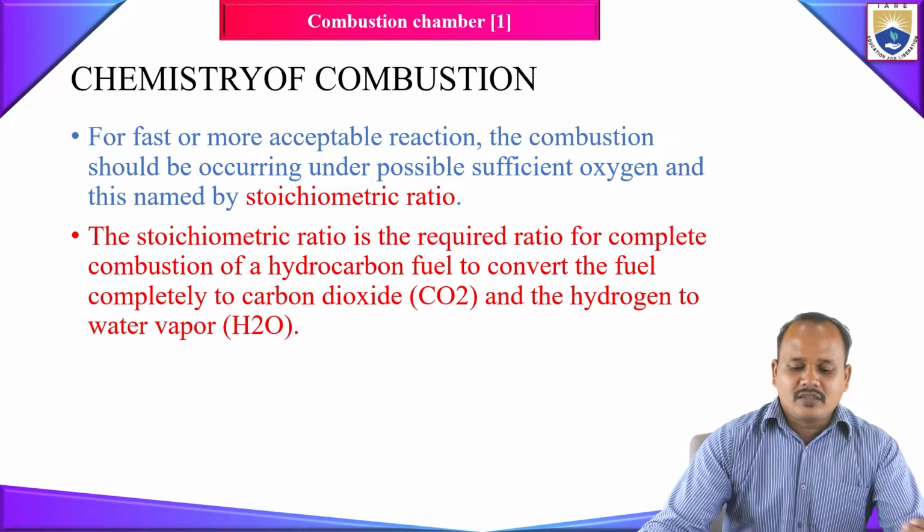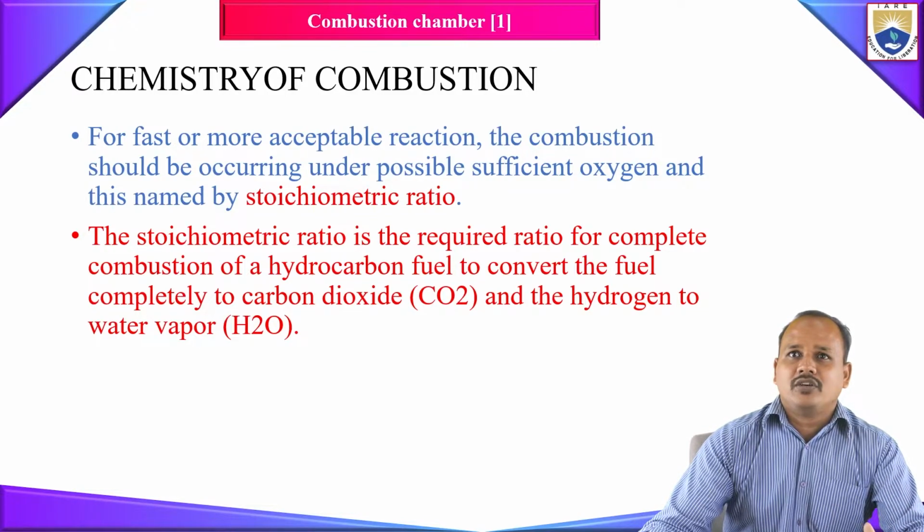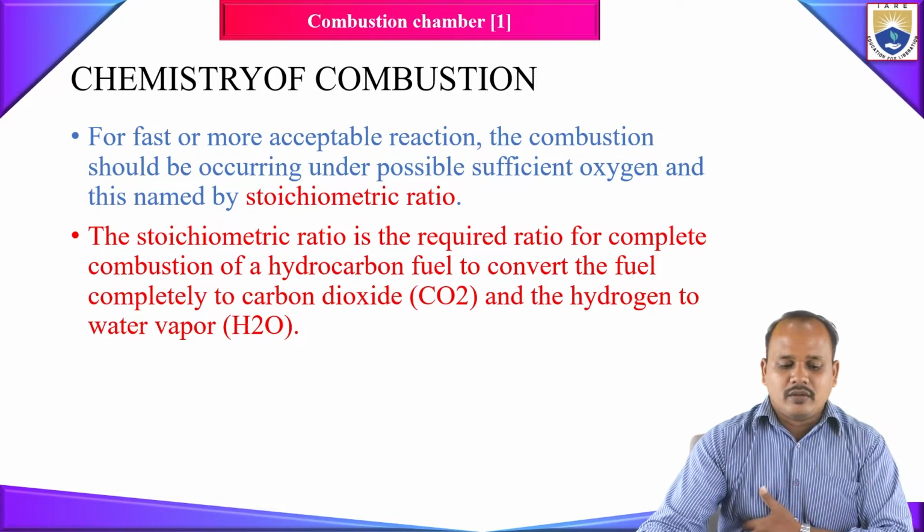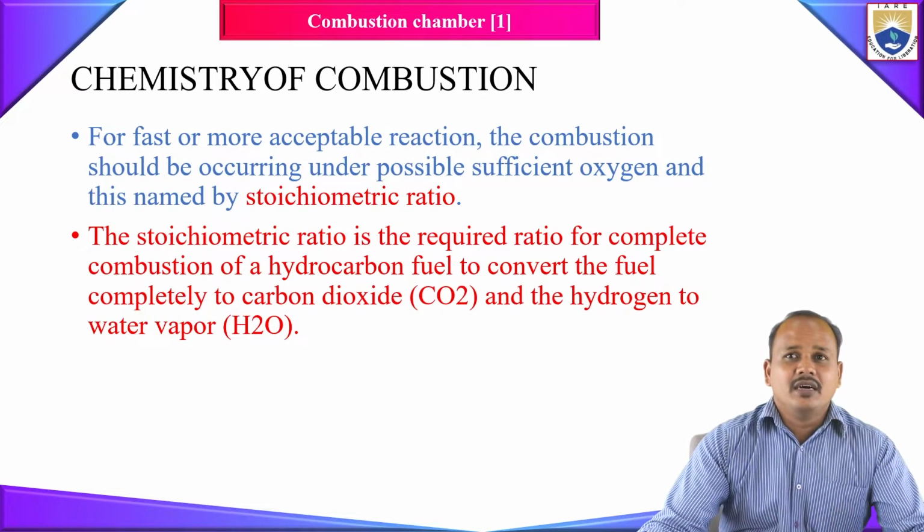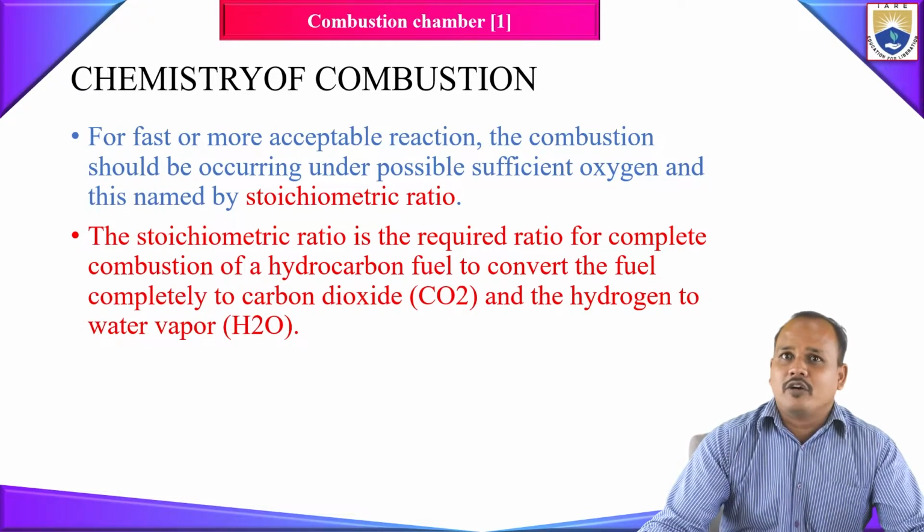So what is the stoichiometric ratio? For example, if I have 1 kg of fuel, for burning this 1 kg of fuel completely, how many kg of air do I require? That's what we call the stoichiometric ratio. Take CH4, the most commonly used hydrocarbon fuel.